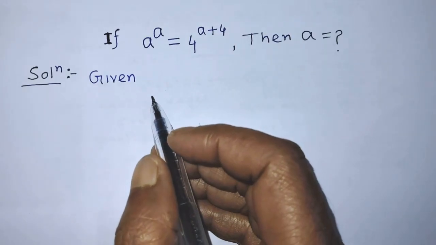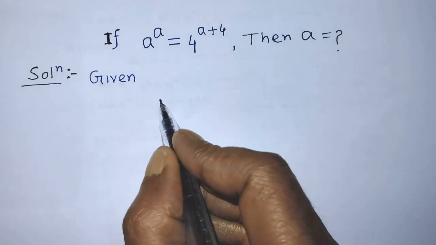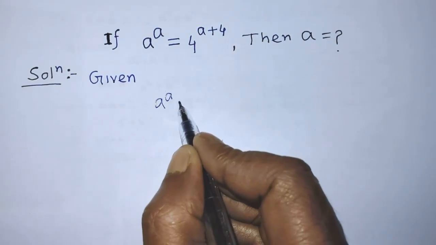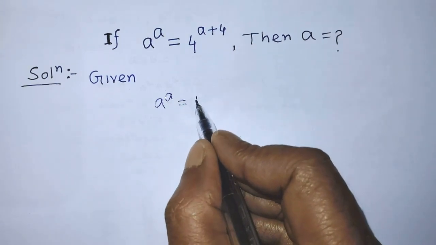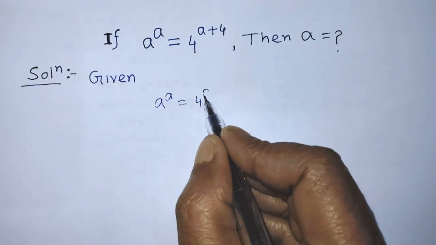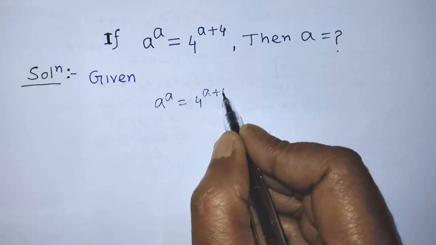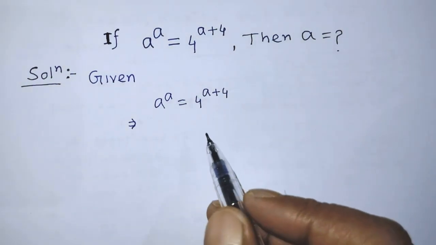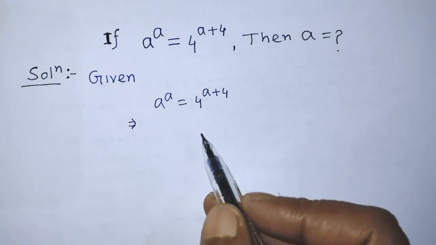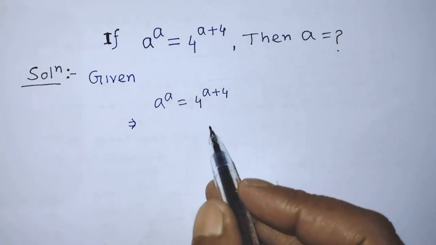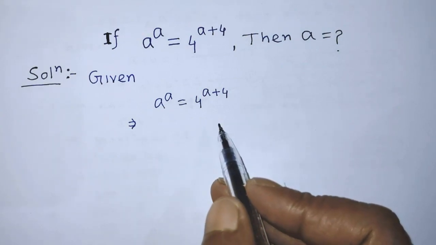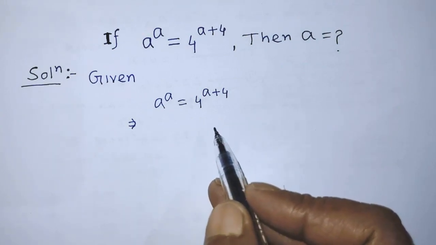So students, our given equation is a to the power a is equal to 4 to the power a plus 4. To find the value of a from this equation, first of all we have to divide the left hand side and right hand side of this equation by 4 to the power a.